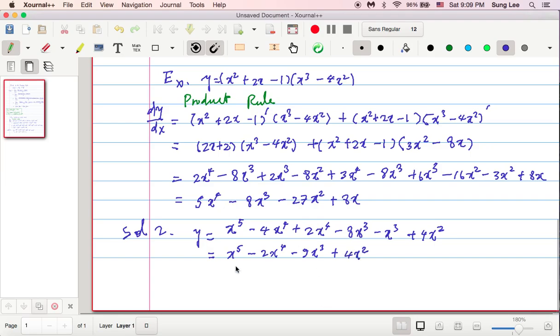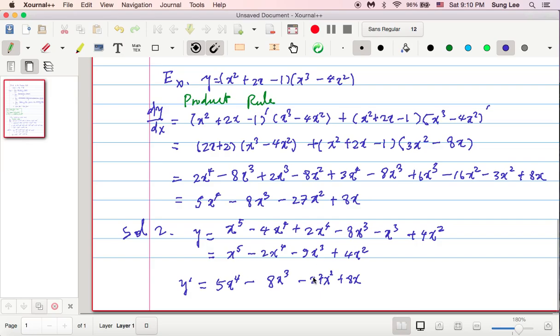Okay, so what you have to do is y prime equals, just using the basic differentiation rules along with the power rule, right? So we have a 5 x to the power 4 minus 8 x cubed minus 27 x squared plus 8x, and we get the same result. Of course, they are supposed to be the same.